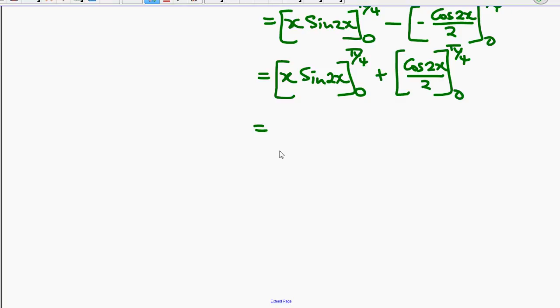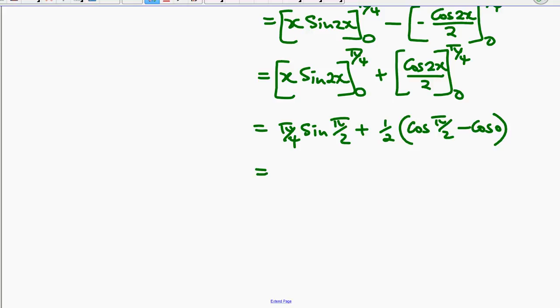So plug in pi over 4. So pi over 4 sine pi over 2, plus, I'll factor out a half so that I end up with cos pi over 2 minus cos 0.